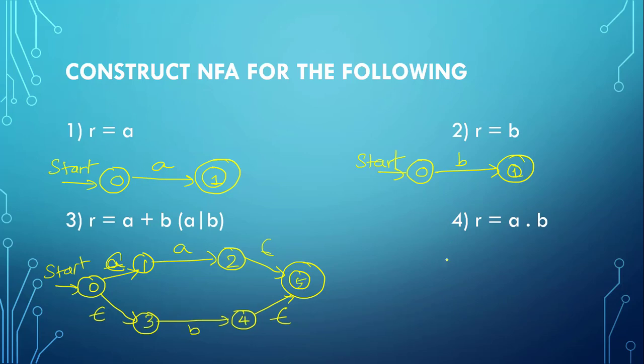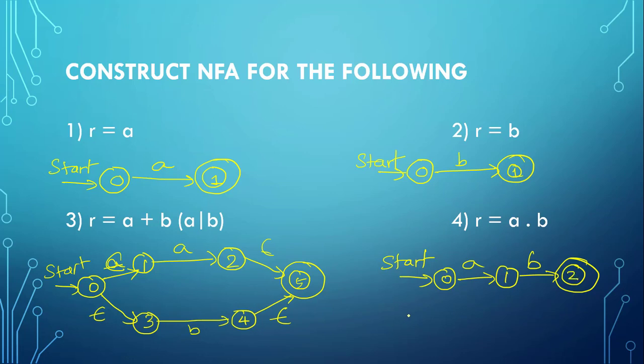Now for A dot B, we have the regular expression. For the NFA, we will have NFA of A and B. I am taking the shorter method for writing down the NFA for A dot B. Another way of writing this NFA is a longer method.